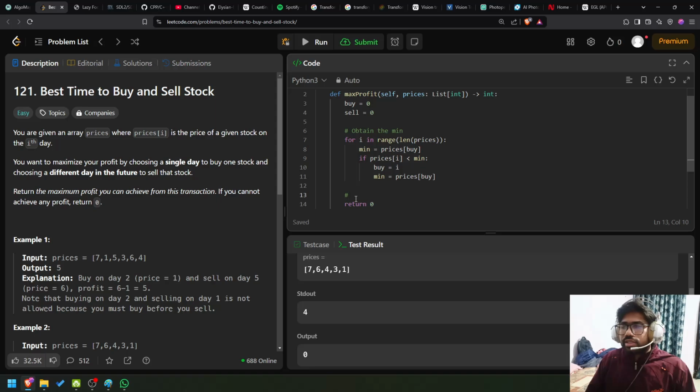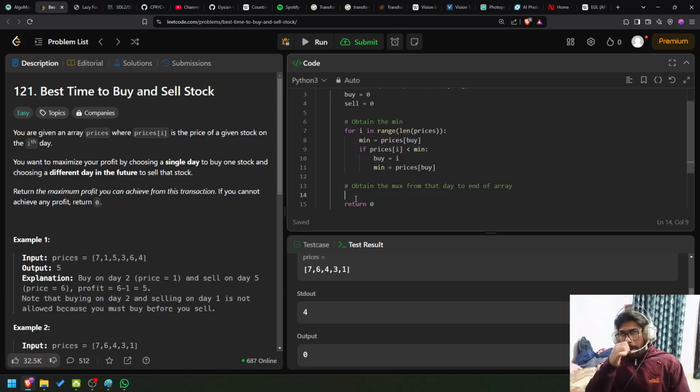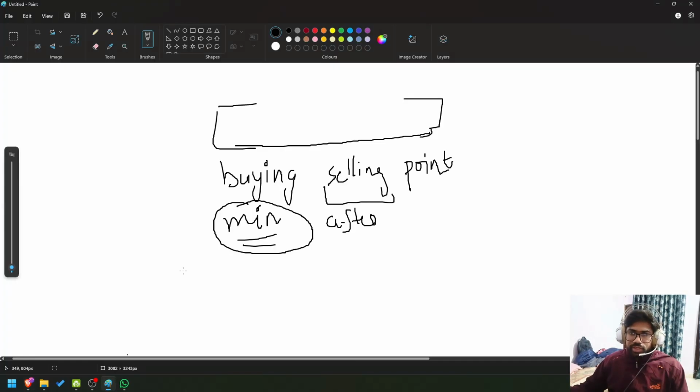Then obtain the max from that day to the end of the array, because what I'm doing now is going and searching and trying to find the maximum in this position.